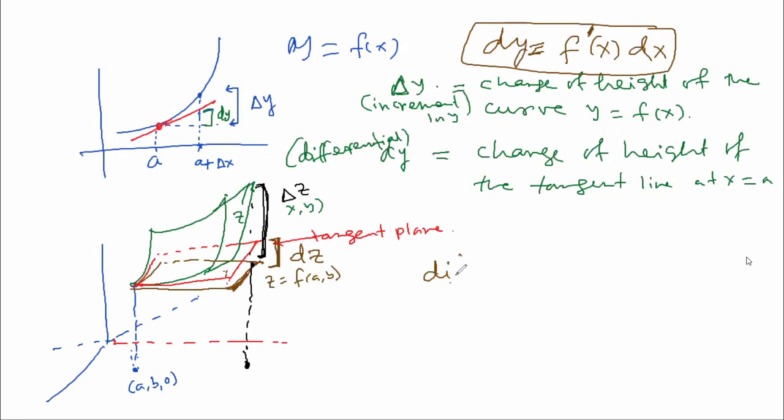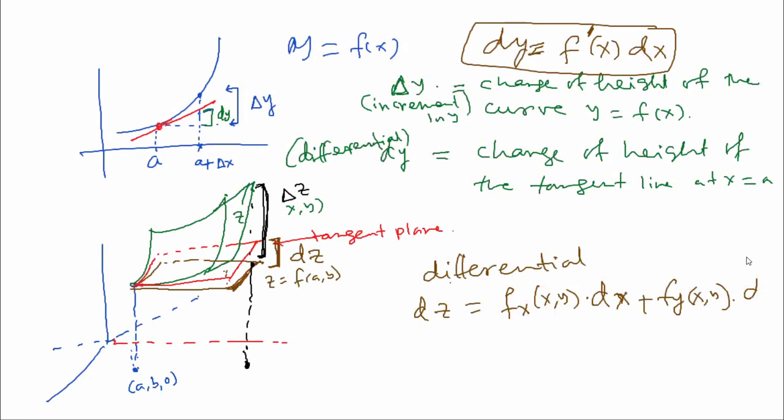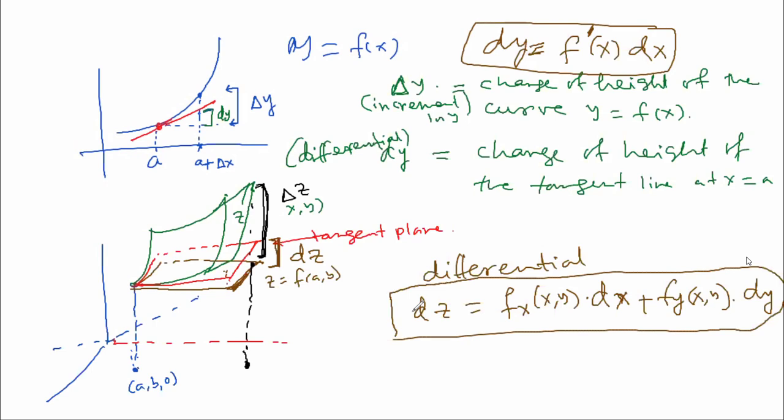Differential dz would be similar, but now you need to do partial derivatives. f_x times dx and f_y times dy. Look at the similarity. In one variable, you just have a derivative, right? But now in two variables, you need to take partial derivatives. You just take a similar form.